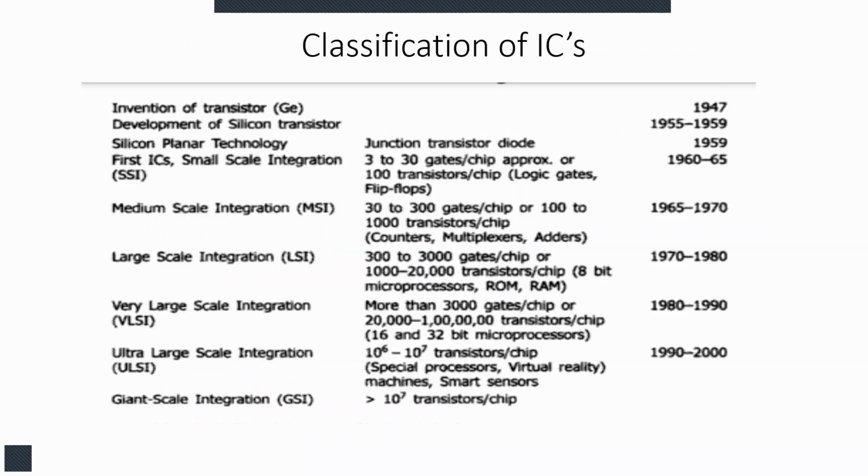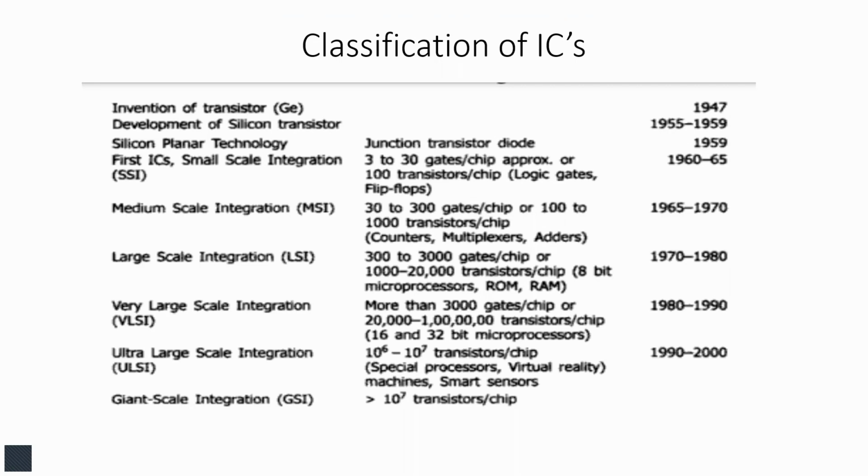Coming to the classification of ICs, we can classify the ICs into different categories depending upon the number of transistors or gates that we are going to fabricate onto a single chip. Based upon the number of transistors, there is small scale integration, where around 3 to 30 gates or approximately 100 transistors are fabricated on a single chip.